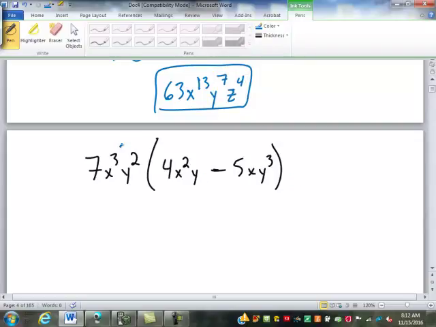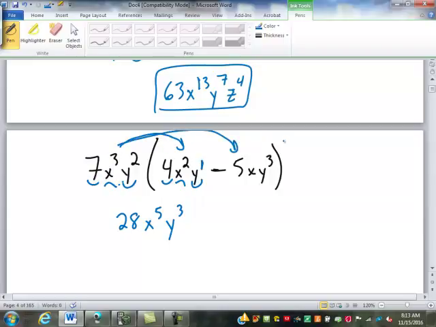So we're going to multiply through or distribute the 7x to the third y squared. So 7 times 4 is 28. X to the third times x squared is x to the fifth. Y squared times y is y to the third. Think of that again as y to the 1. So 2 plus 1 makes 3.